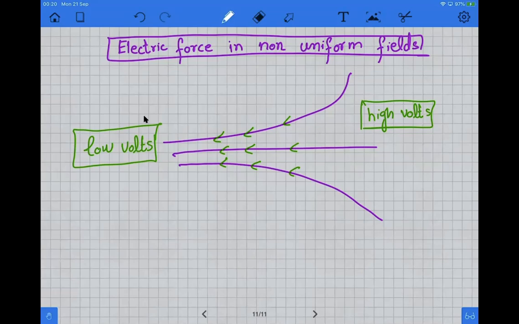Now let's suppose this is point X, and point X is the position of a positive charge. Then force on the positive charge is in the direction of the field. Yet one thing that you need to understand is that if the field is curved, then the force will be tangent to the field. Here you need to draw a tangent. This tangent represents the force on the positive charge.